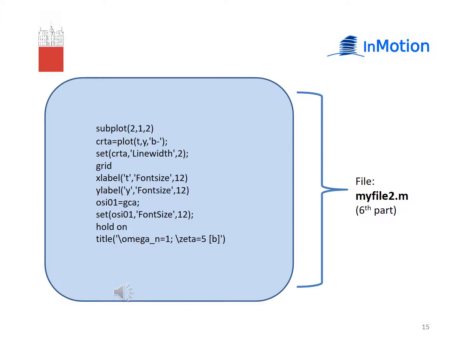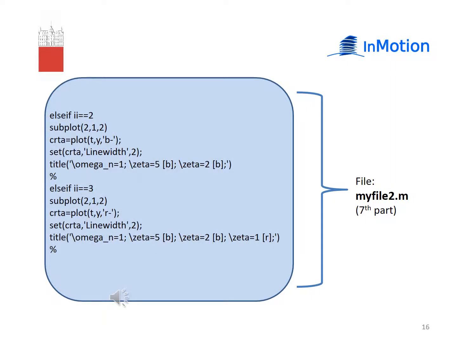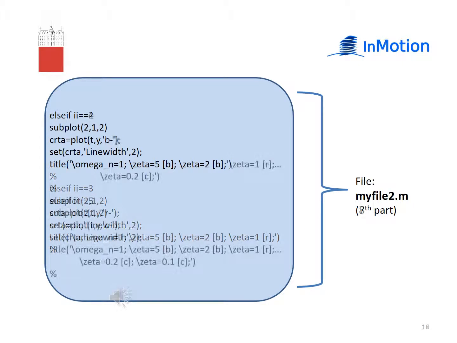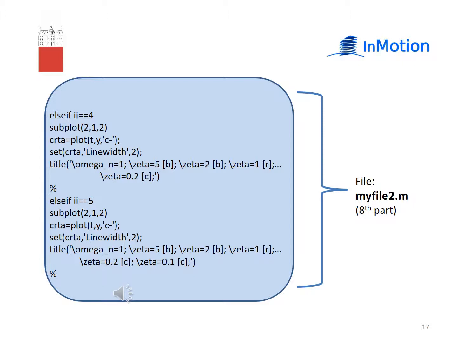For zeta greater than 1, the color is blue. When zeta is equal to 1, the chosen color is red. And for zeta less than 1, cyan.